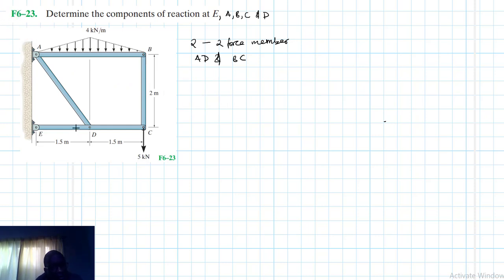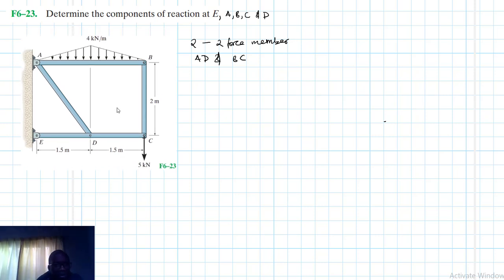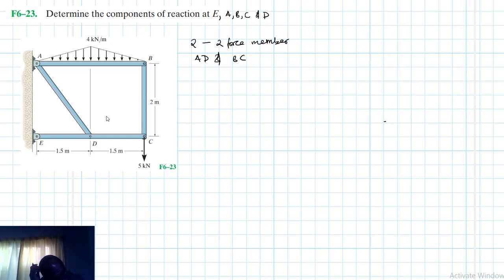Right. And we have a triangular distributed force on member AB. All right. So first things first, we are going to draw a free body diagram.